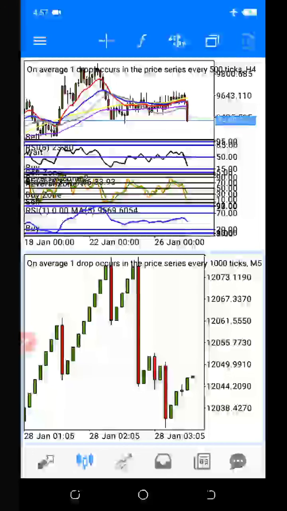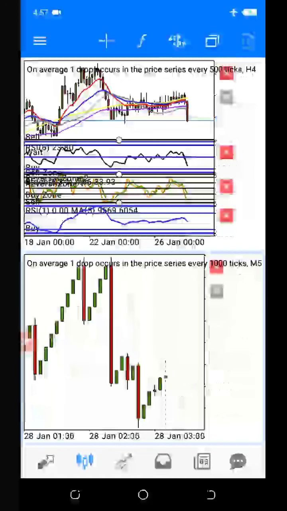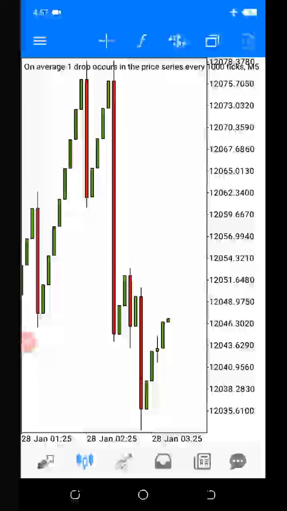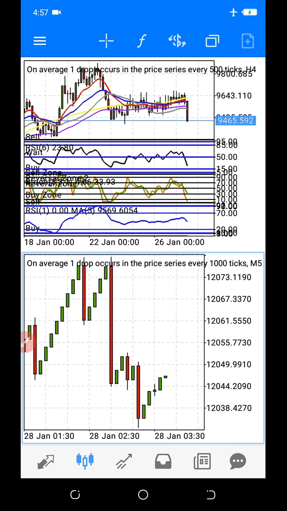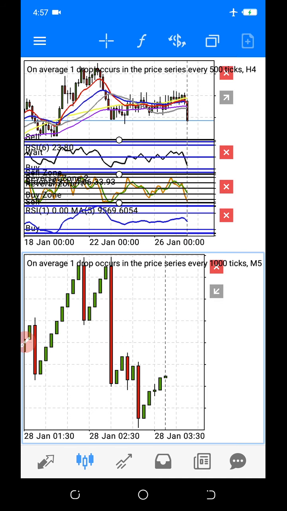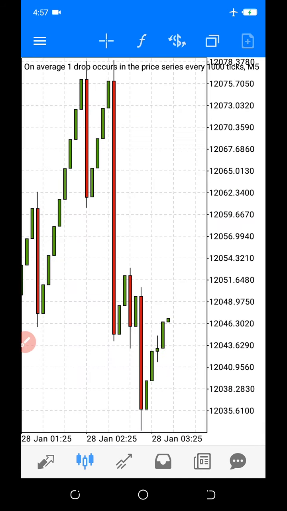Now we have two windows. I will press and hold on the second window, and then tap on the arrow pointing up. So this will become my new window. The previous one is still there. If I tap here and say Tile Horizontally, I can go back to the previous one, but let's work with this one because I want to make these settings for us.